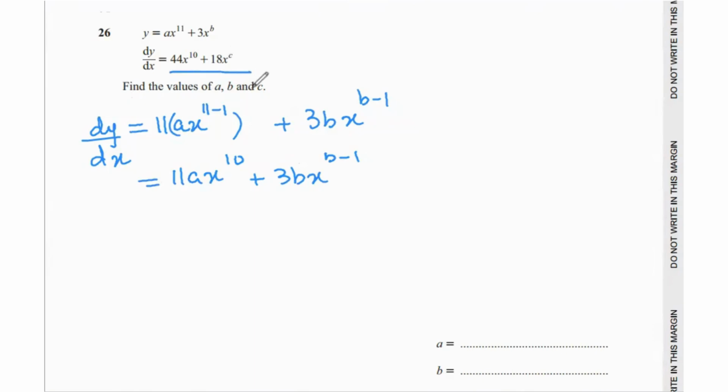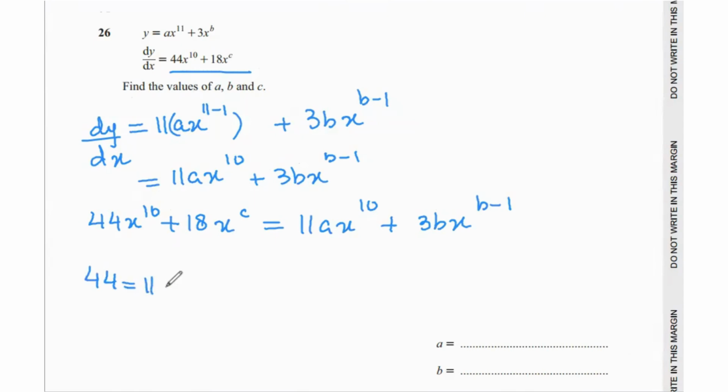So they've given us dy by dx as 44x to the power of 10 plus 18x to the power of c. So if we put both sides equal to each other and compare the similar terms, we can easily figure out what a, b, and c are. 44 equals 11a because the powers are same over here. So a is 4.